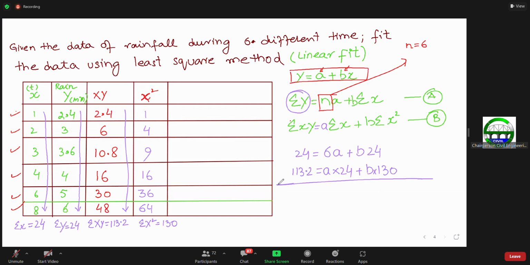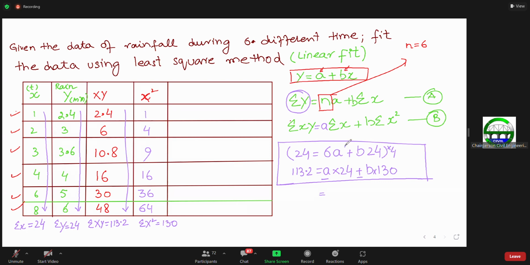Use this one to calculate a, either a or b. So for example, if I multiply this one by 4 and subtract it from here, right? So what will it be?